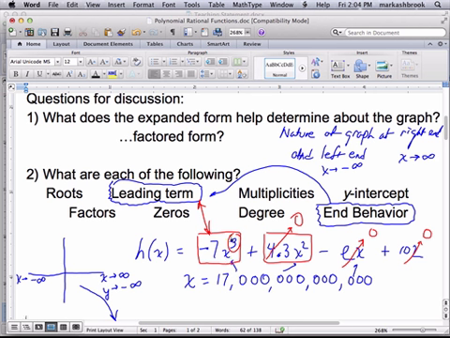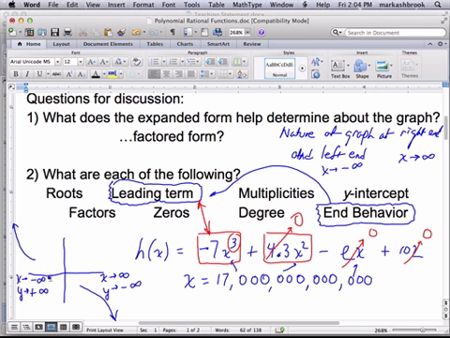But then that negative will be multiplied by negative 7. So the whole leading term will be a very large positive. So as x approaches negative infinity, y will go to positive infinity. So as we go way out to the left, the y value will increase positive.